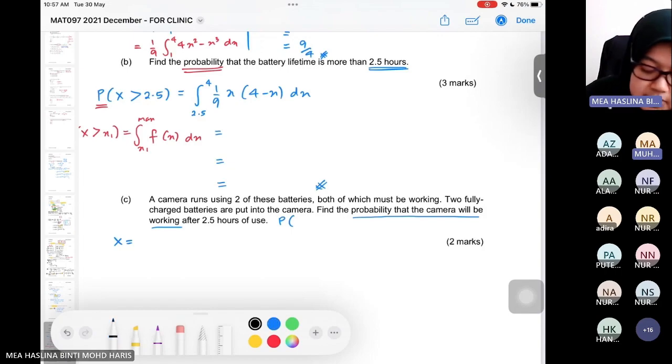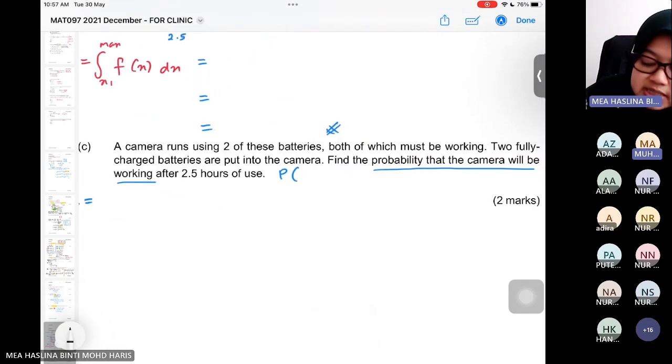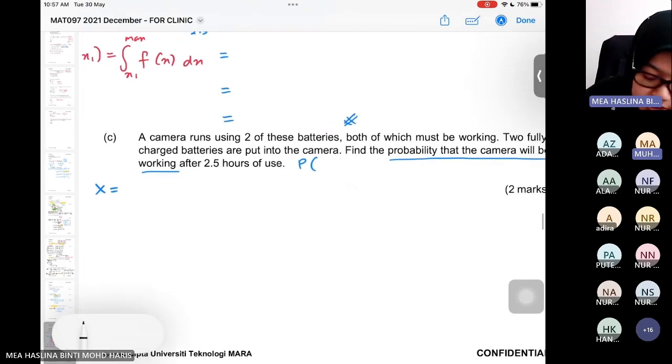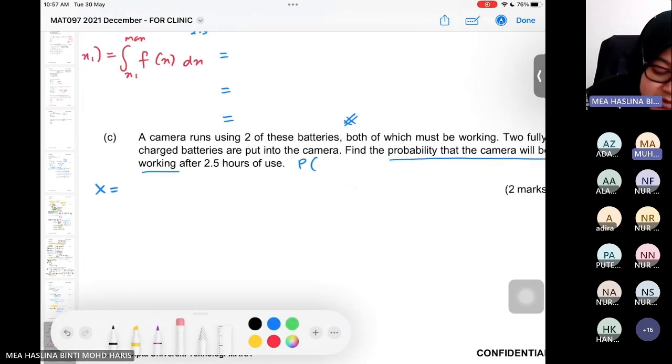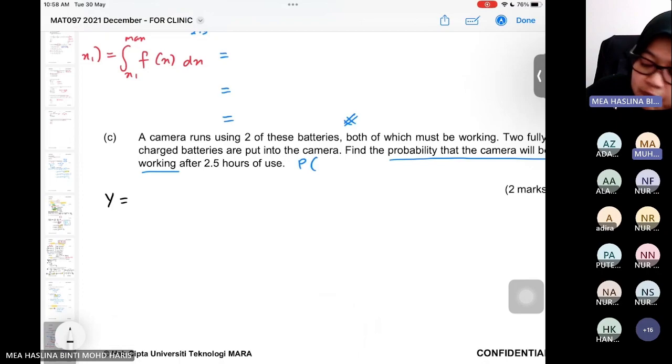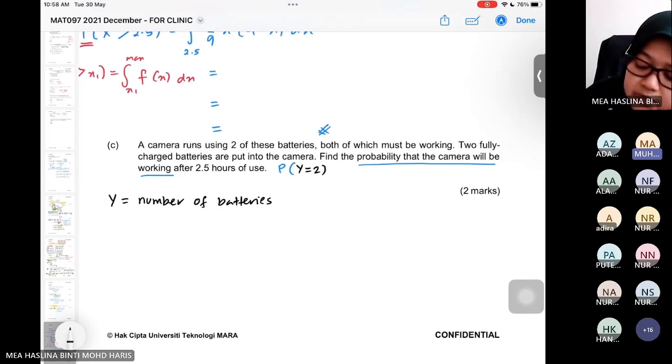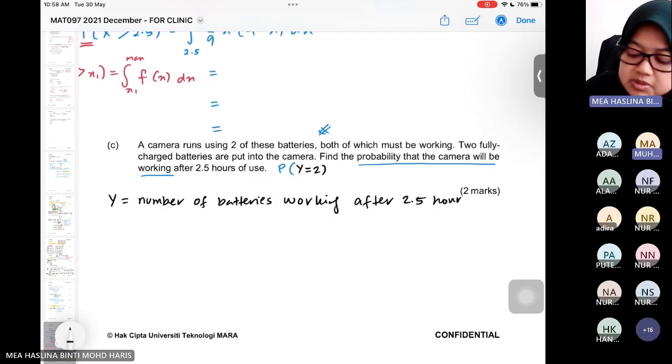So now instead of X, because it's no longer time, we have to consider a new variable here, which is Y. We are looking for probability of Y equals 2. Y is the number of batteries working after 2.5 hours.